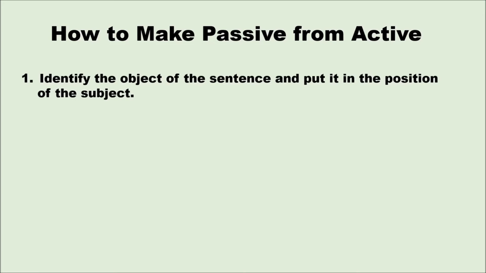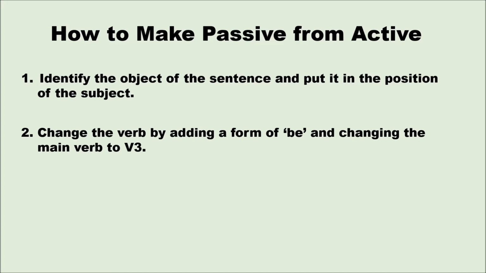How to make passive from active? Number 1, identify the object of the sentence and put it in the position of the subject. Number 2, change the verb by adding a form of be and changing the main verb to verb 3. Verb 3. You mean the past participle, don't you? Yes. In Thailand, teachers use verb 1, verb 2, verb 3 to mean the present, past, and past participle of the verb.